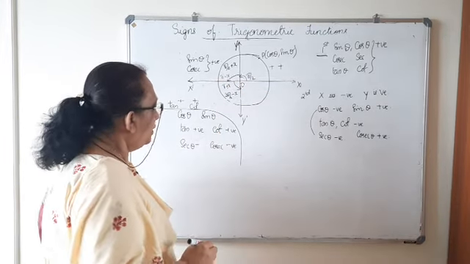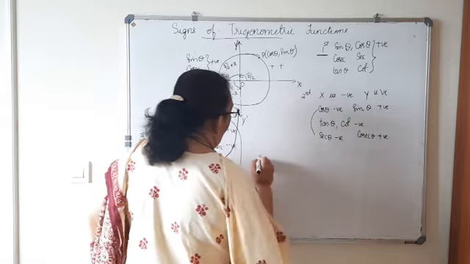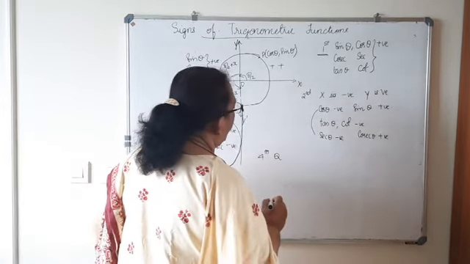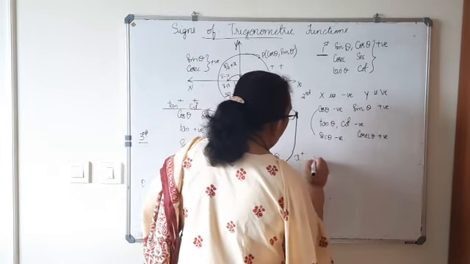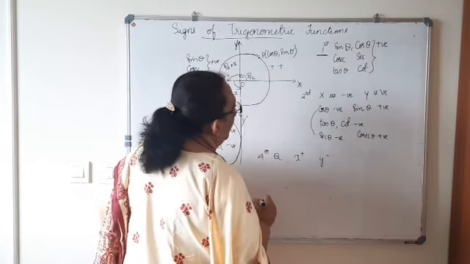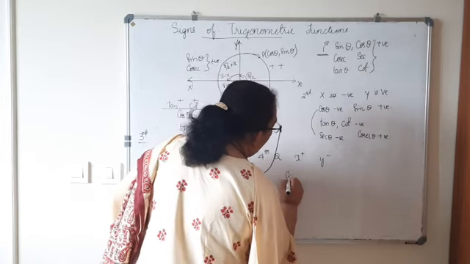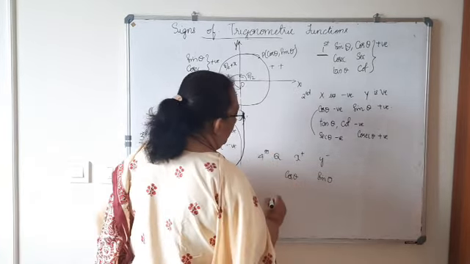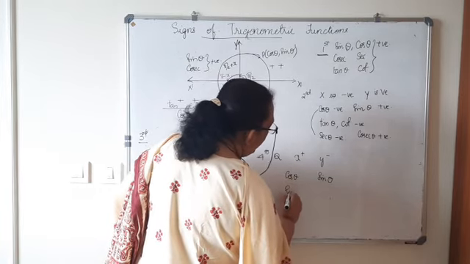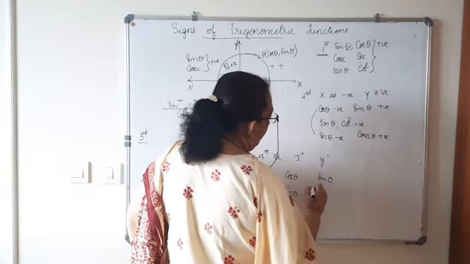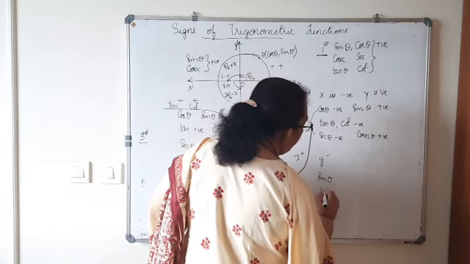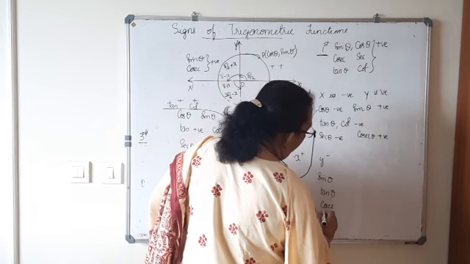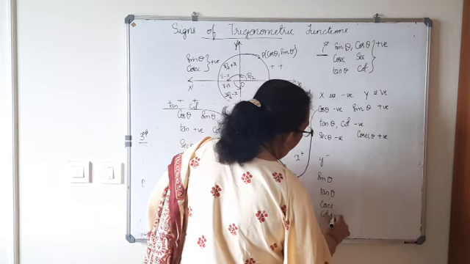And in the fourth quadrant, x is positive, y is negative. X is positive means cos theta is positive, sin theta is negative. Cos theta positive means sec theta is positive. Sin theta is negative means tan theta is negative, cosec theta is negative, cot theta is negative.